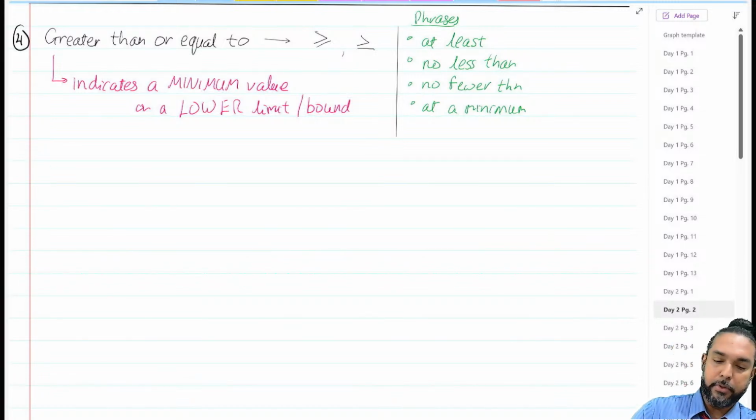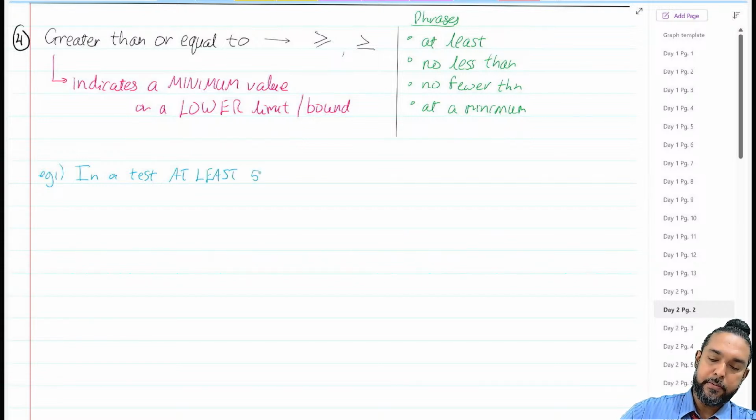Right, so example 1. In a test, at least 50% is required to pass.